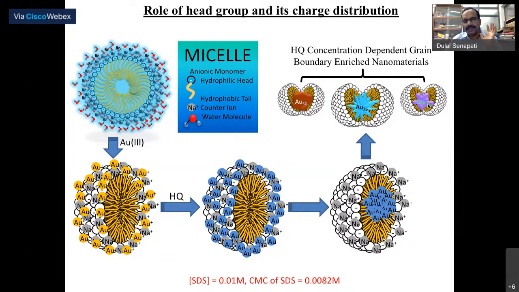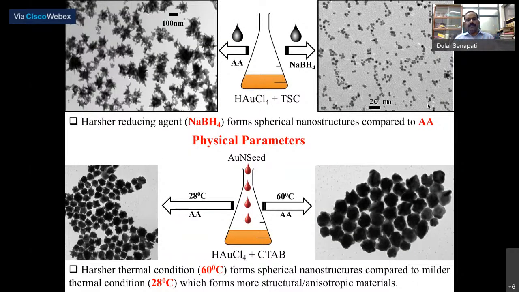Not only that, like I told, when we use a strong reducing agent like sodium borohydride, you can clearly see on the right hand side all spherical particles. It's a simple reduction, with gold chloride solution as the metal precursor, trisodium citrate as the stabilizing agent, and sodium borohydride as the reducing agent.